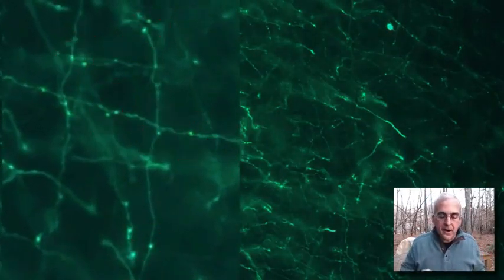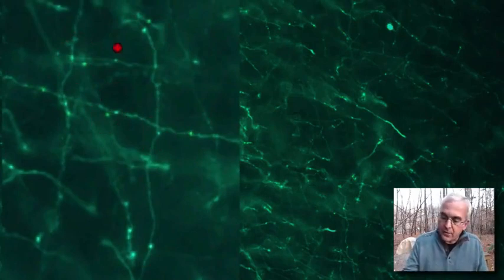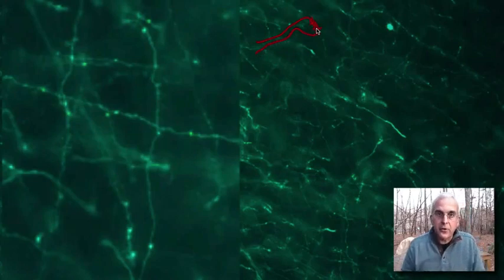Now, some axons would grow out a terminal ending, and then there'd be a synaptic junction at that terminal ending. Others tend to make this beaded type of structure, and that's what we see here along these green axons. These are called synaptic boutons, and they're making what we say en passant, or in passage, synaptic connections.